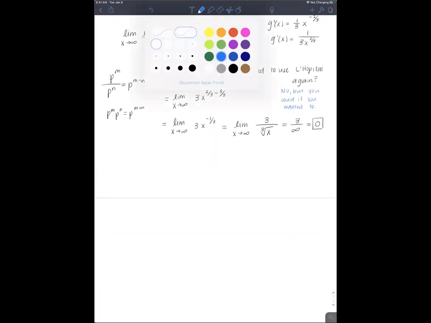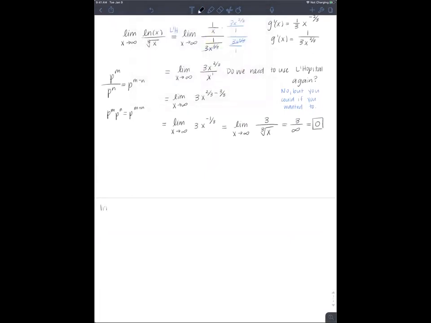So let's now talk about indeterminate forms. Zero times infinity.